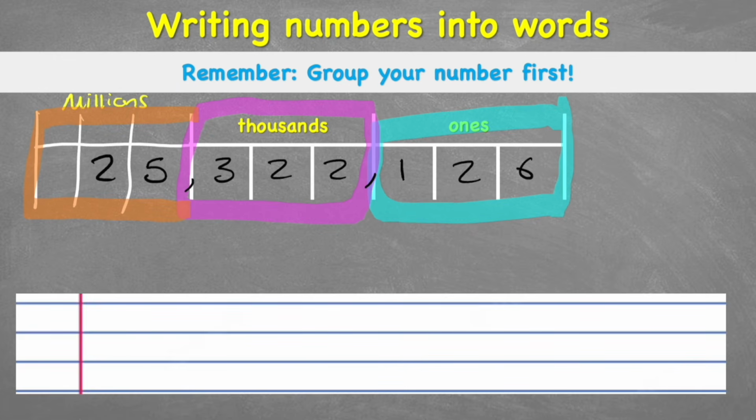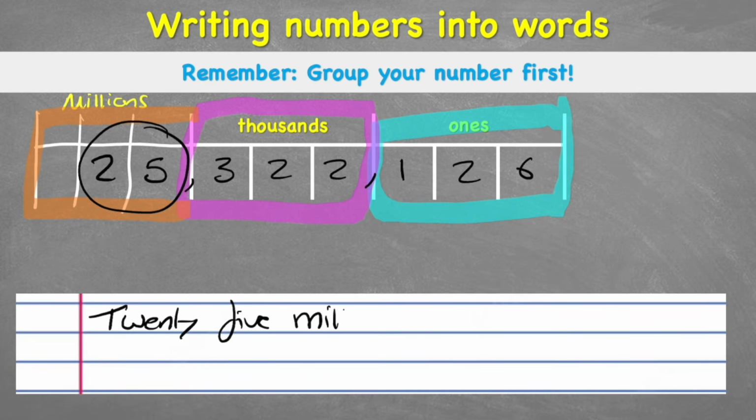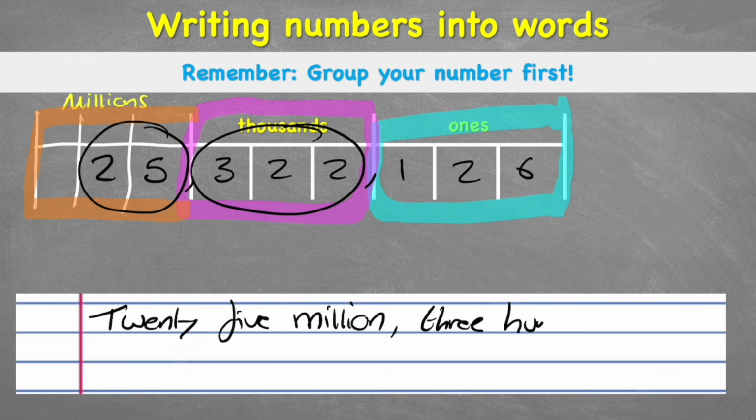Okay, well, let's write what we see. Starting with our millions, how many millions do I have? I have 25, so 25 million. How many thousands do I have? I have 322, so I have 322,000.